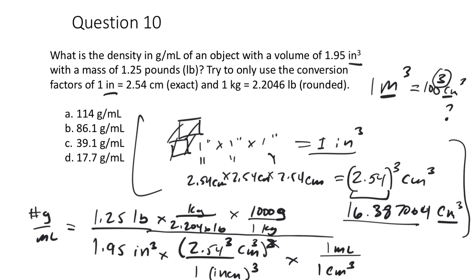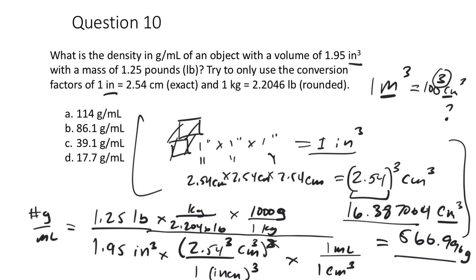And so this problem here will look like 1.25 divided by 2.2046 times 1,000. I'm going to hit enter. That gives me 566.996 grams.